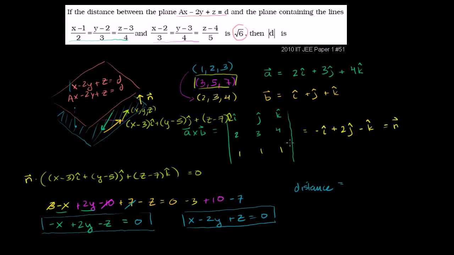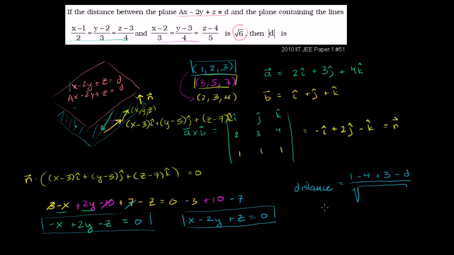So it's literally going to be 1. I'm actually using this point right over here. It's going to be 1, because we just have 1x. So it's just going to be 1 minus 2 times 2. 1 minus 4, that's 2 times 2, plus 3, minus d. Well, here, the d is just d, so we're just going to write minus d. All of that over what is essentially the magnitude of the normal vector. And we saw in several videos, that's just the square of the coefficients on each of these terms, and taking the sum of those, taking the square root.